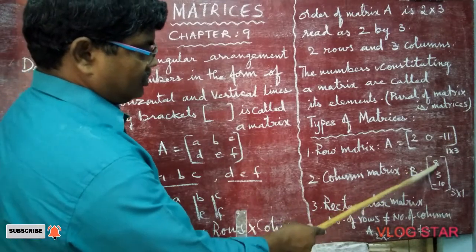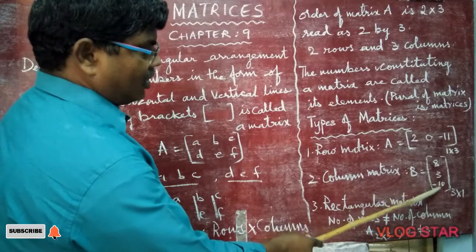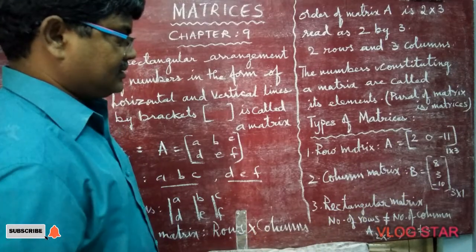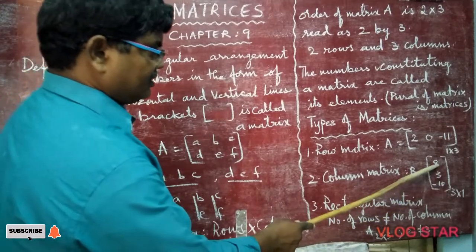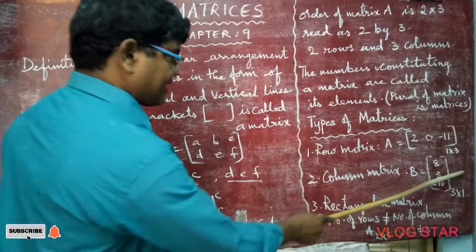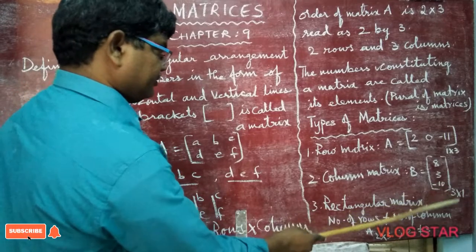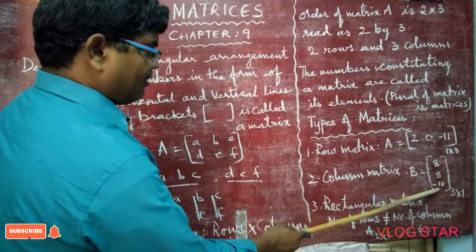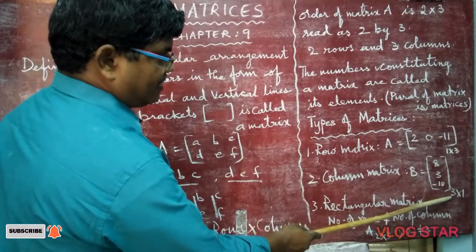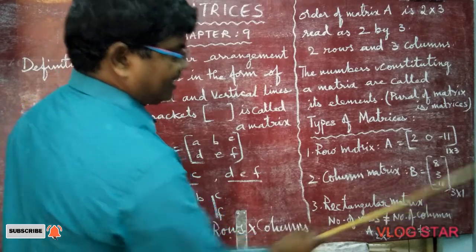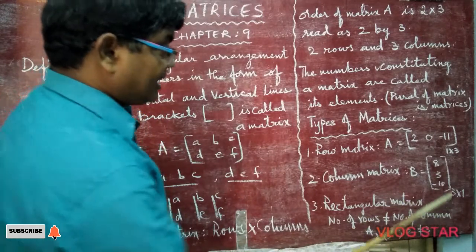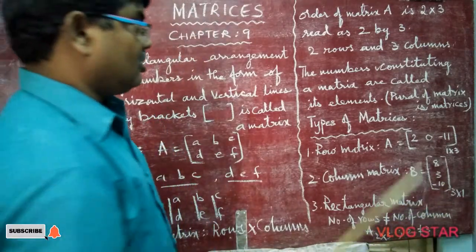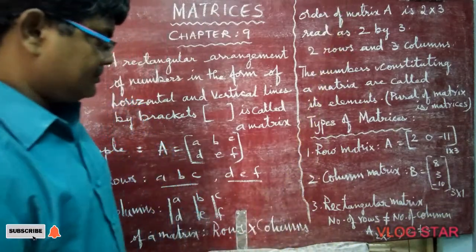B is equal to, a matrix having only one column is called a column matrix. 8, 3, 10: first row, second row, third row, but having only one column. So what is the order? 3 by 1. First rows you have to count, then columns. That is called the order of a matrix.